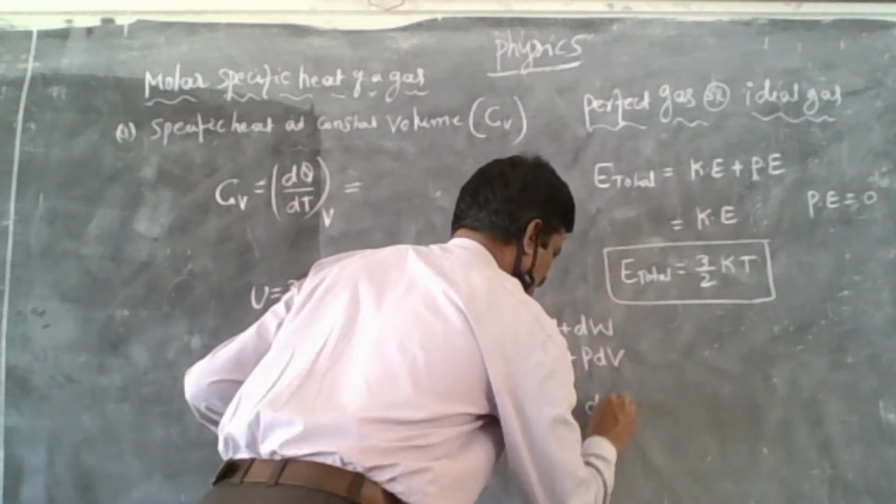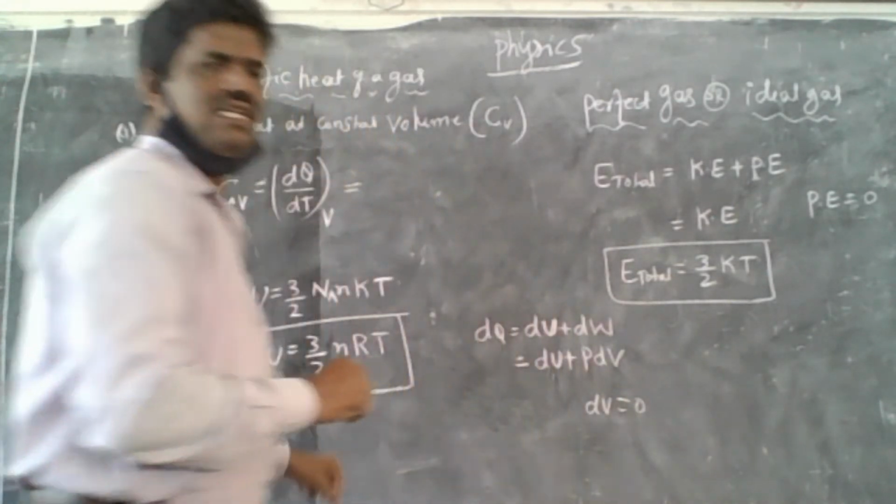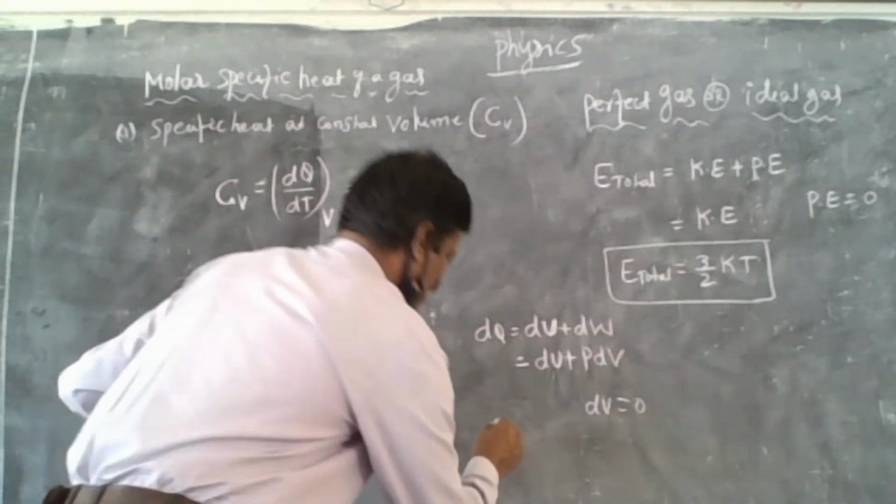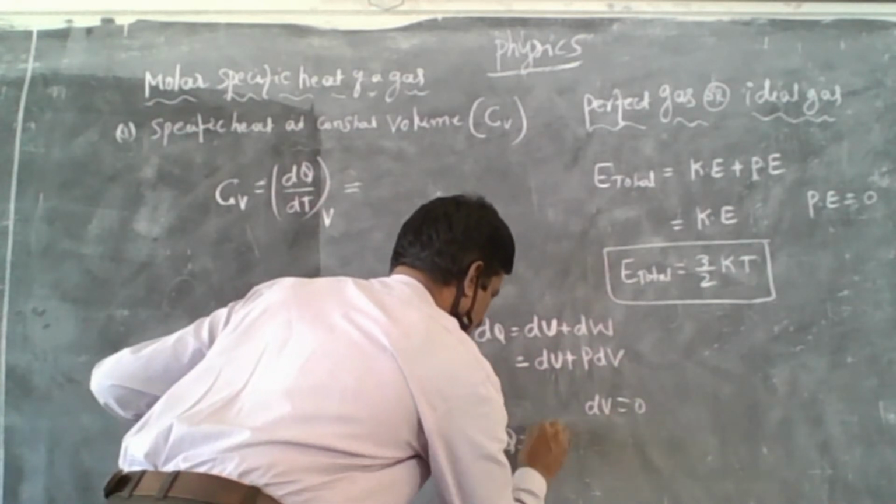Here dV is equal to 0 because the volume does not change. Therefore, dQ is equal to dU.